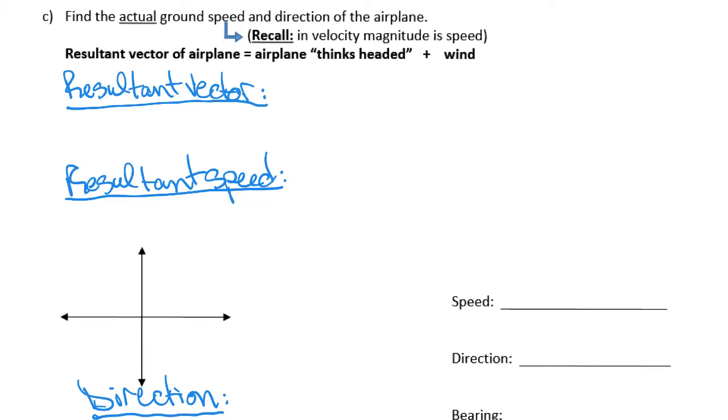Okay, so let's start with our resultant vector. Recall that we're just adding the component forms of the plane with the wind. So pause the video and write down the two components that you would be adding. This just goes back to our vector addition that we've already practiced.